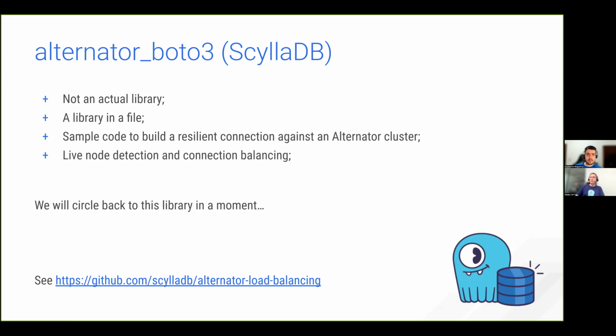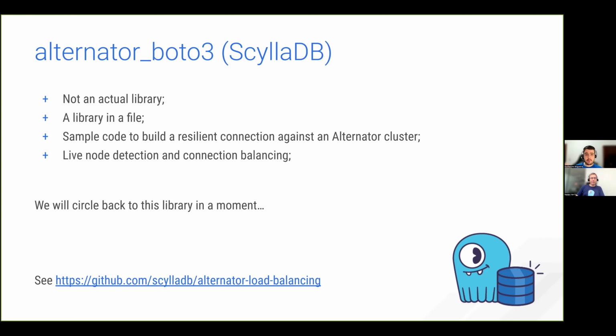And then we have the Alternator Boto 3, which is the ScyllaDB provided. It is not actually a library, but some code in a file that you can import as a library. So it's a library in a file. It is simple code that's built to create a resilient connection against an Alternator cluster and have some workload balancing for connections against all the live nodes.